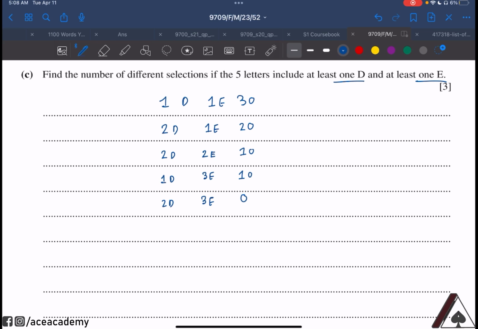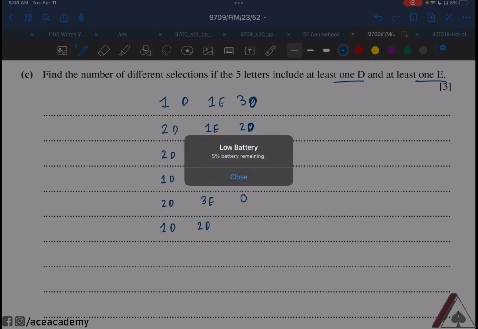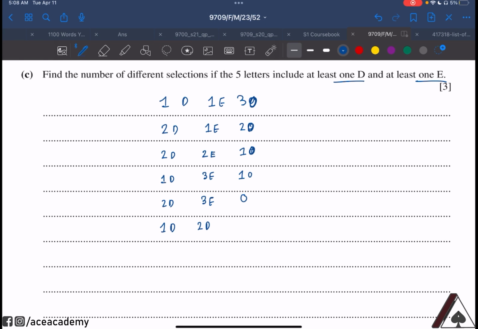And is there anything I missed? Yes, another one would be 1 D and 2 E while there are 2 other letters. This means other, by the way, not 0. 0 and then 1 other letter.